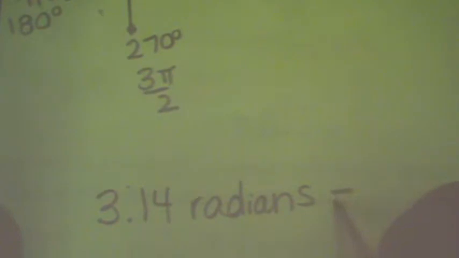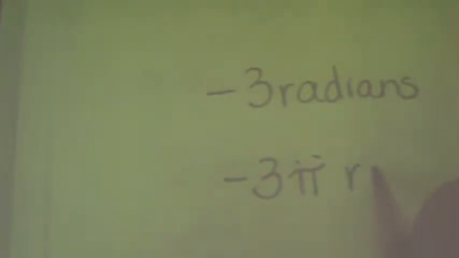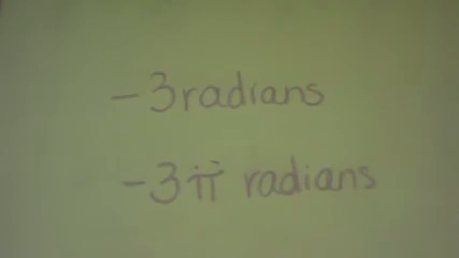So in other words, 3.14 radians is equivalent to how many degrees? 180 degrees. So if this problem said negative 3 radians versus negative 3 pi radians, how would you do them?